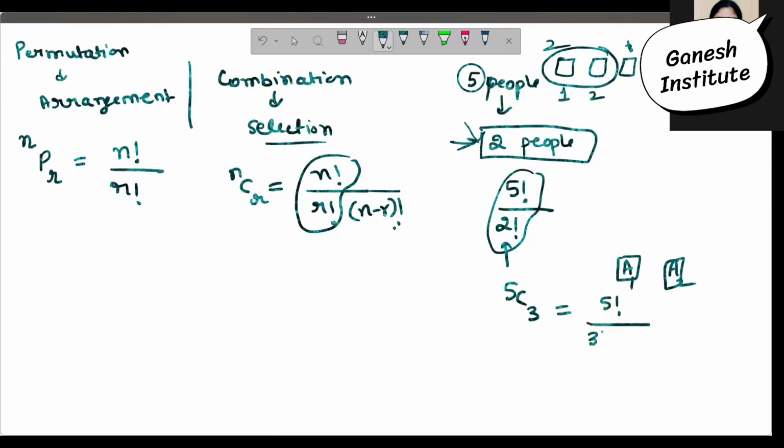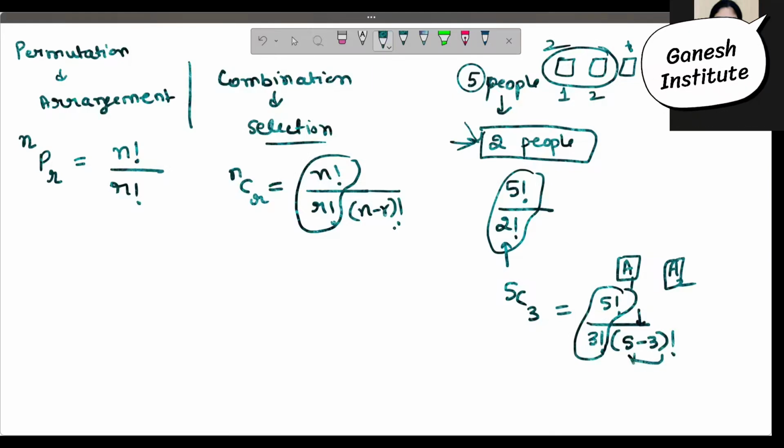I'll use 5 factorial upon 3 factorial and 5 minus 3 factorial, for the arrangement. So the arrangement is for 3 people, and then you have to see the position of the rest of the elements also in order to arrange those people accordingly. Does this make sense?